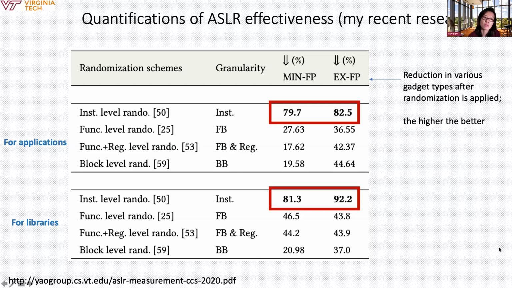We compared some existing randomization solutions. All of them are ASLR solutions, but some randomize at instruction level, some at function level, which is the most coarse-grained, and some at block level.